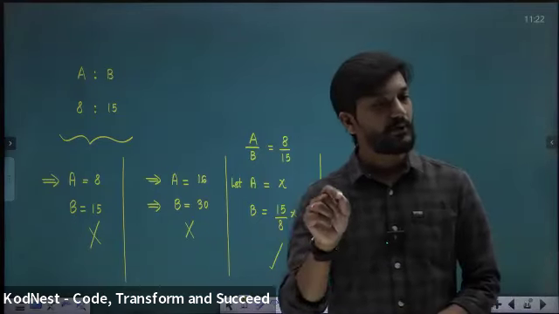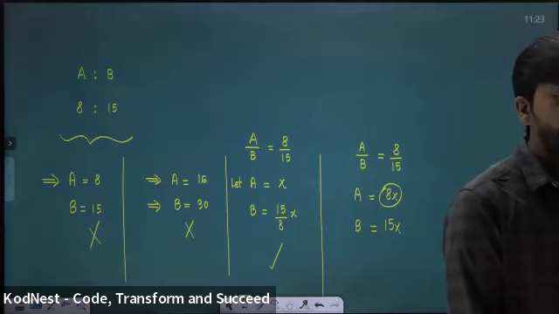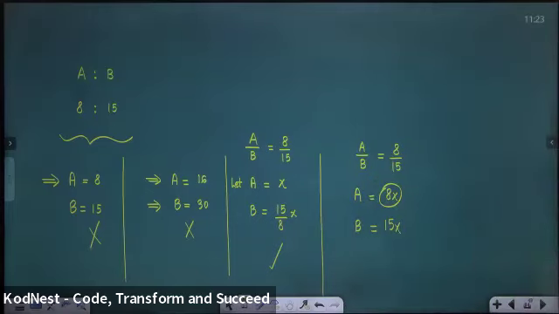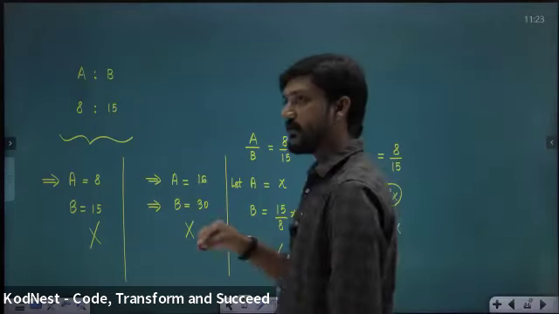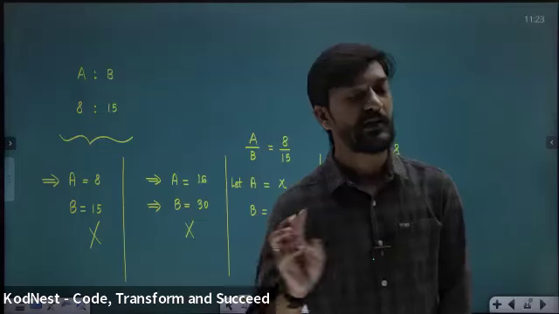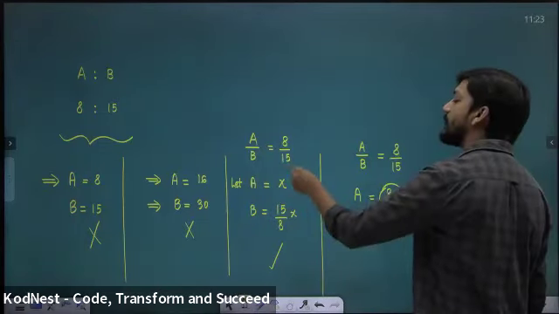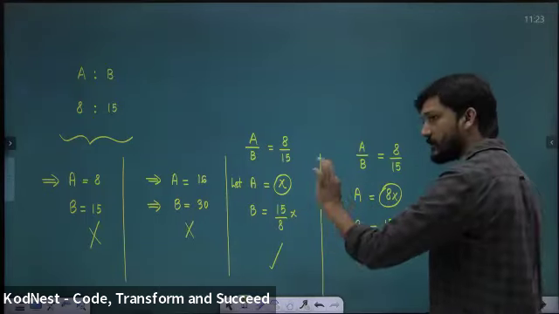Is it mandatory to take X? No. So there is nothing like mandatory. Yes, it has become the usual practice in school days. We used to start with X, but it is not mandatory. X is something which you don't know. That is the meaning.